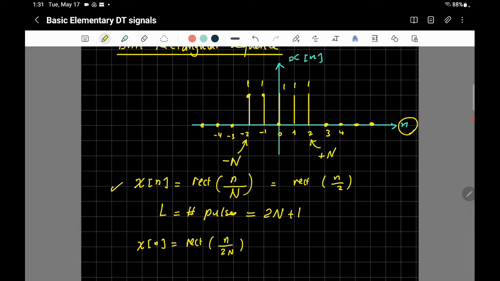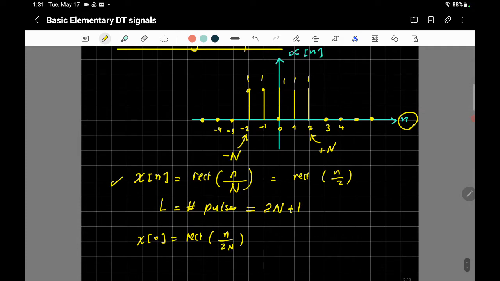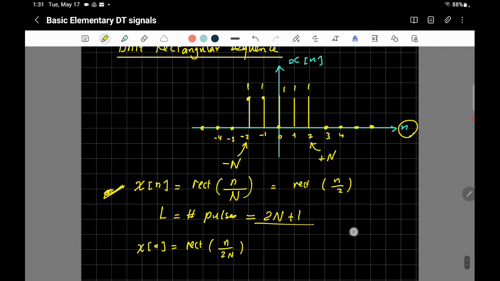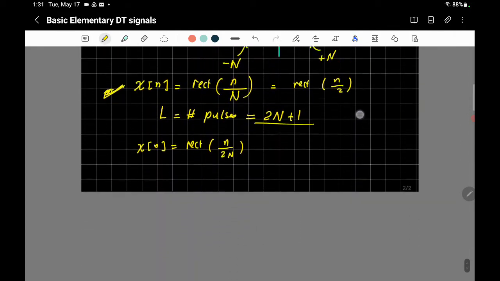Some textbooks write this, and some use the L, which is 2n plus 1. That's just to pay your attention, but we will use n over n capital in our semester. So we know that's n, it's just to the right or the left. Okay, great. So that's the unit rectangular sequence.